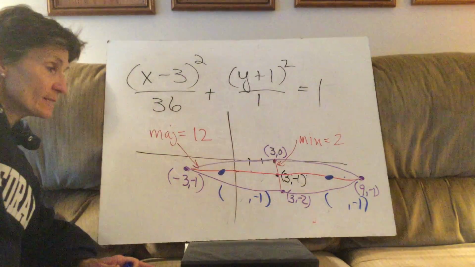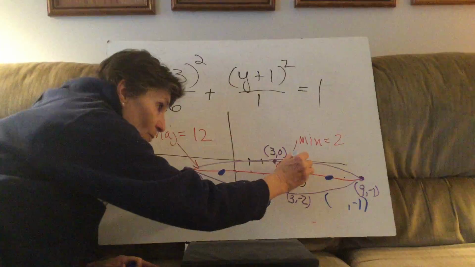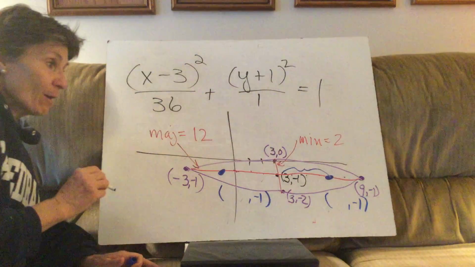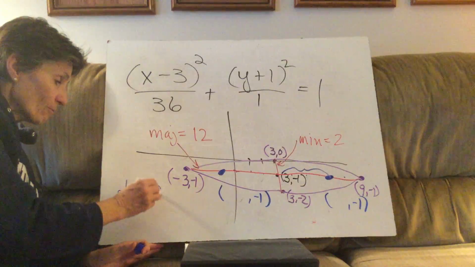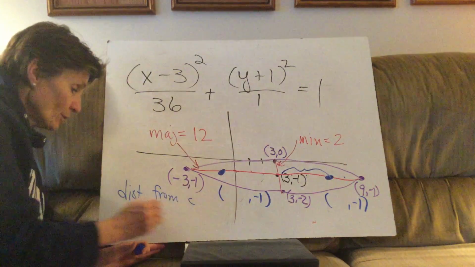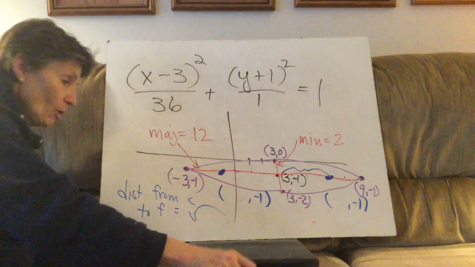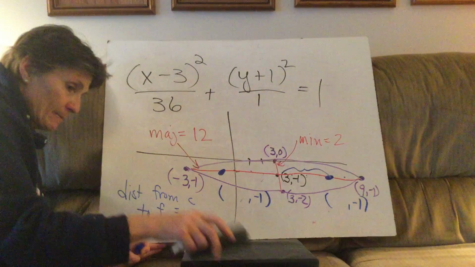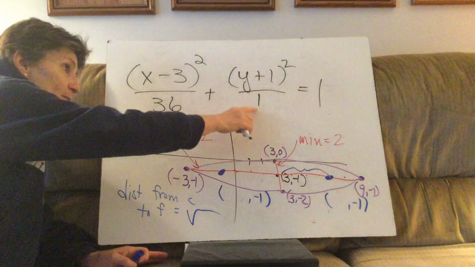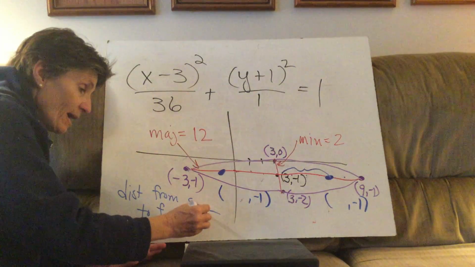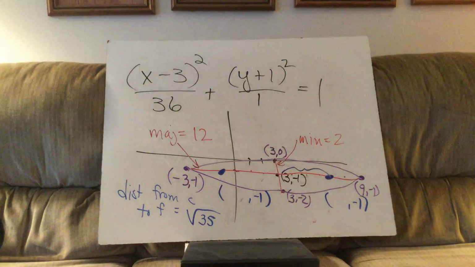And I just need to know how far I am counting. I need to know the distance from the center to the focus. And you'll recall that we do a little Pythagorean stuff. 36 minus 1, so that's 35. So that distance is the square root of 35.